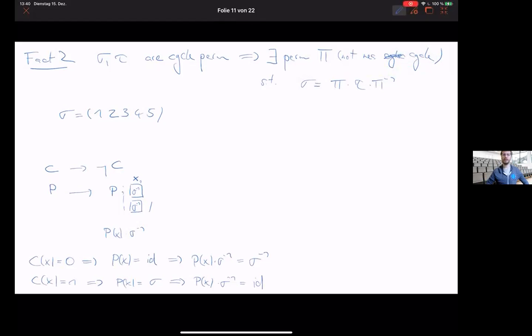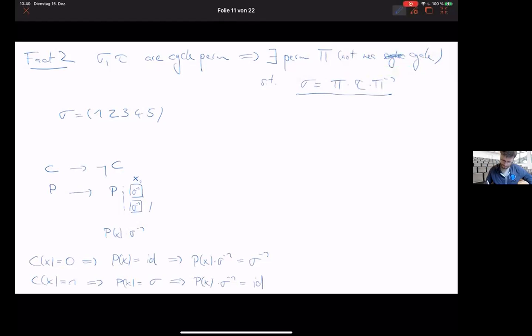Any idea? How do I turn a sigma inverse into a sigma? Well, what I'm going to use is this thing up here. This says I can do this for any cycles sigma and tau. Obviously sigma is a 5 cycle, but also sigma inverse is a 5 cycle.